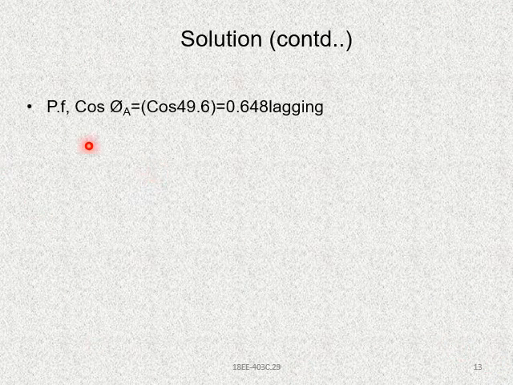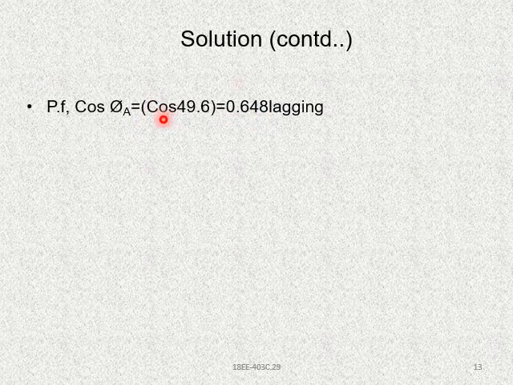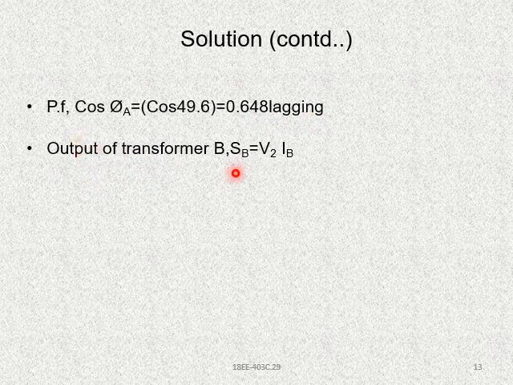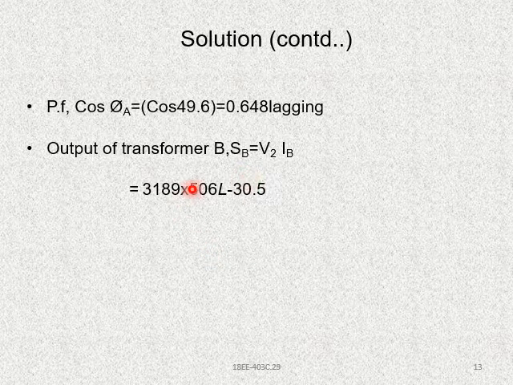And now the power factor, cos phi A. We have the value of phi A, and if we just take the cos, we'll get the power factor. That is cos 49.6 equals 0.648 lagging. The output of transformer B, SB, is equal to V2 into IB. V2 is 3189 into 506 at an angle of minus 30.5.